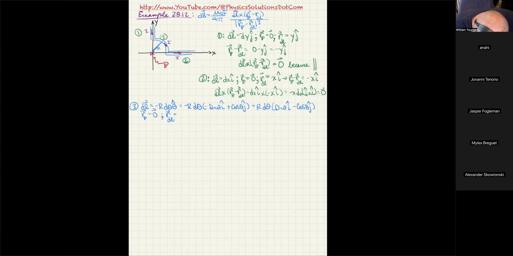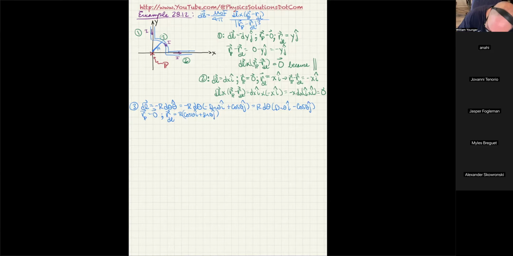So I'm going to say that vector is R times r hat, and that r hat is going to be cosine theta i hat plus sine theta j hat. So you can see the x component is just r cosine theta, and the y component is just r sine theta. That's the main thing we're seeing.